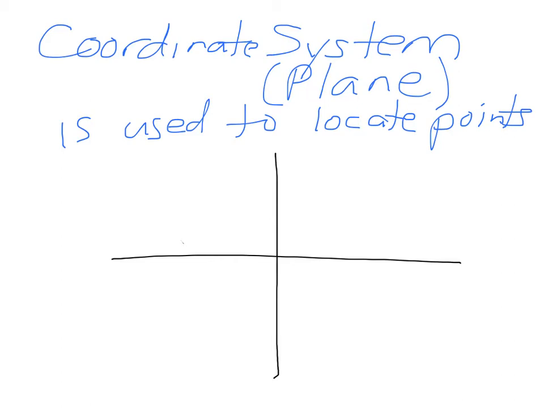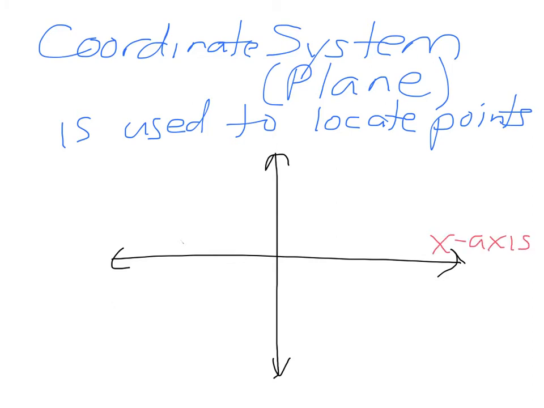The coordinate plane is made up of two lines. Can someone tell me what the horizontal line is called? The x-axis.